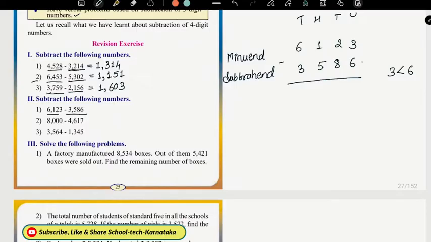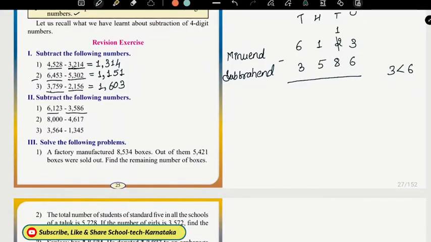In this case, what do we do? We borrow a digit from tens place. So if we need to borrow a digit from tens place, that means we need to subtract 1 from tens place. So 2 minus 1 is 1. So at tens place we have now 1.